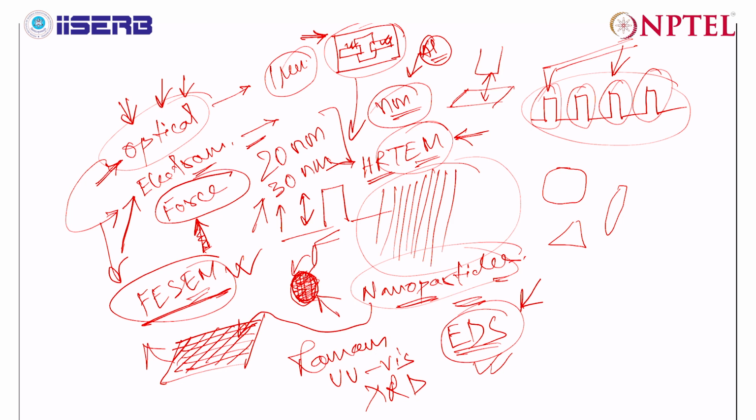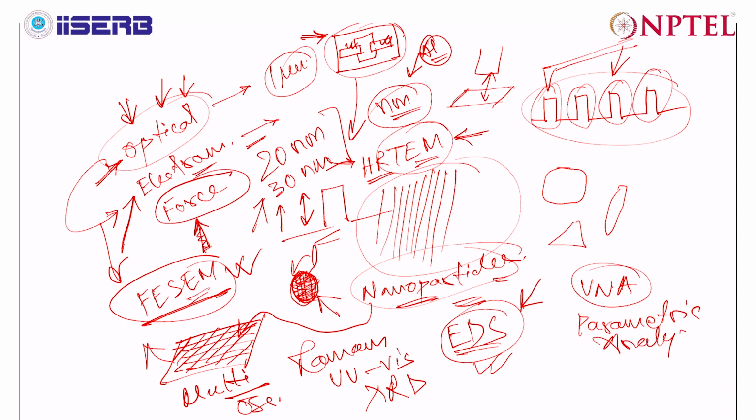And once that is done, then you can take your device for electrical characterization. In case of electrical characterization, again you have multimeter, then you have oscilloscope, then you have say VNA, then you have parametric analyzer. All these electrical characterizations you can do once your device is properly made in order to check the electrical response of the device.